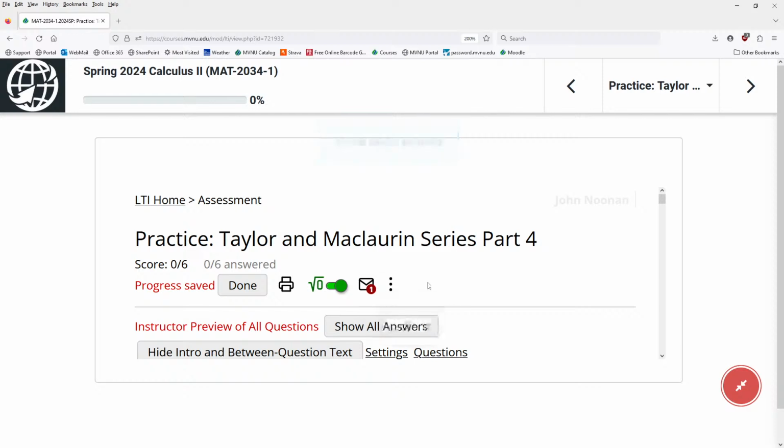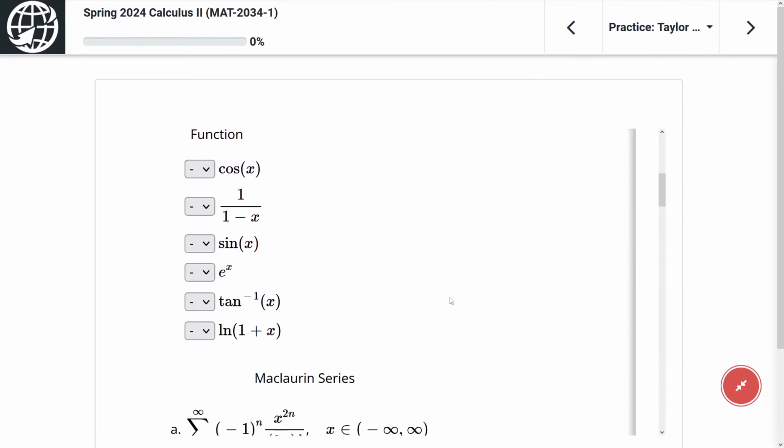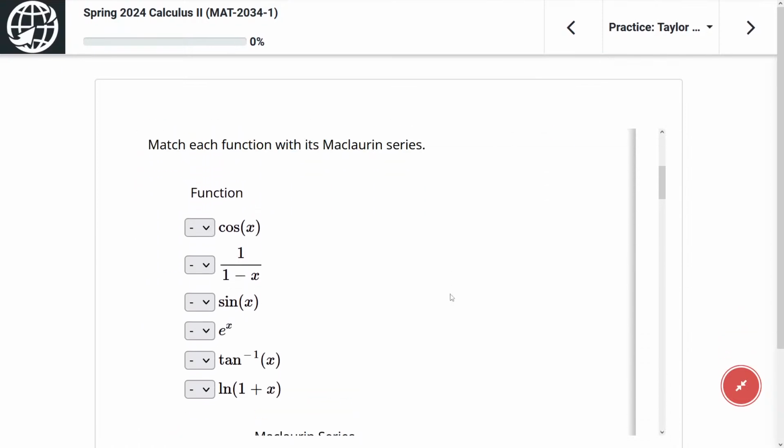This is the last of the Taylor and Maclaurin series homework, the F11. Okay, so you'll notice that I start off with the same matching. It's the same one you had last homework. The only reason for that is because I thought it would be nice if you had this front and center, since we don't have a physical textbook. I regret not having a physical textbook, but we don't.